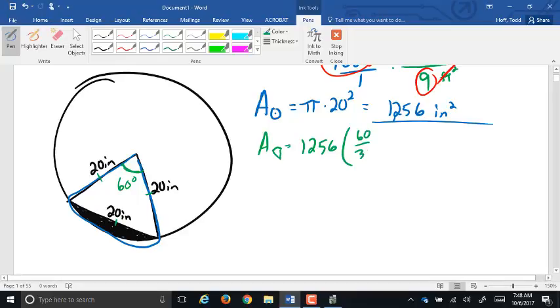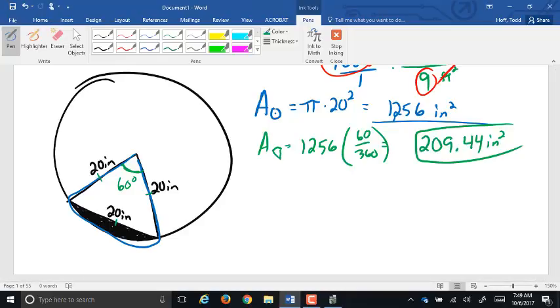So that's 60 over 360, which is going to give us 209.44 square inches. So that's our area of the whole sector.